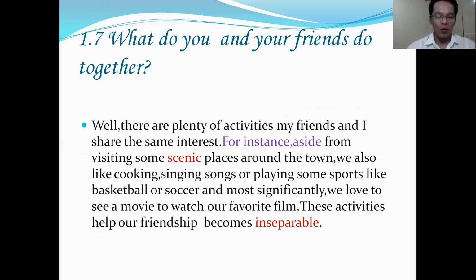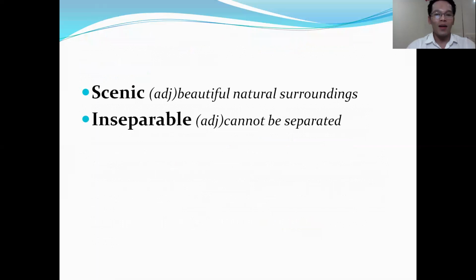So inseparable here is like you guys cannot be separated. This is quite a very good vocabulary word when you are trying to develop your vocabulary. Okay, so here are the vocabulary words: the second one is inseparable, which means cannot be separated, and scenic here means beautiful, natural surroundings.